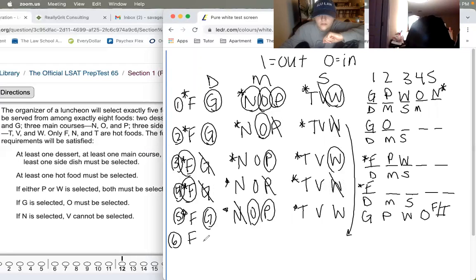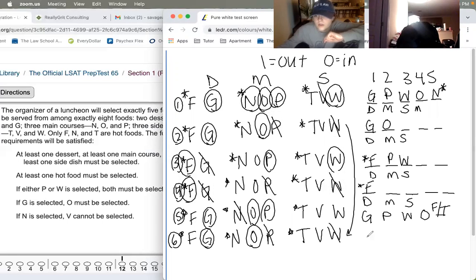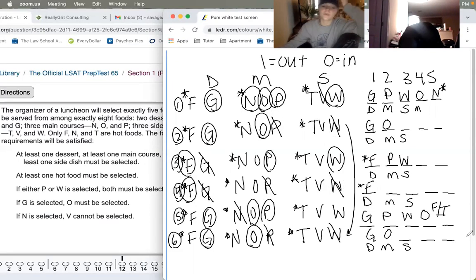So we have F, G, G is selected, N, O is selected, P, T, V, W. And we have G and O. And that's D, M, S. Okay. Tell me what to do. Okay. We're going to select N in number 2 and slash out V.